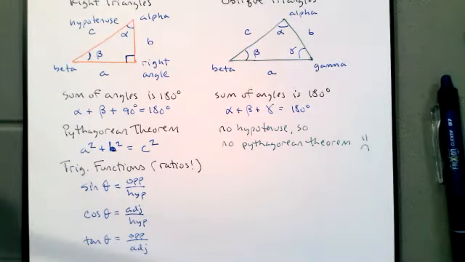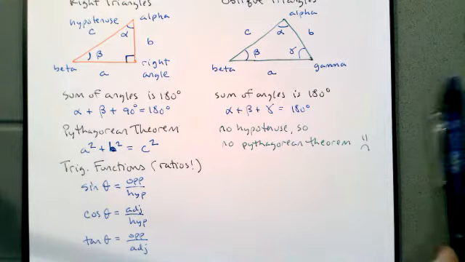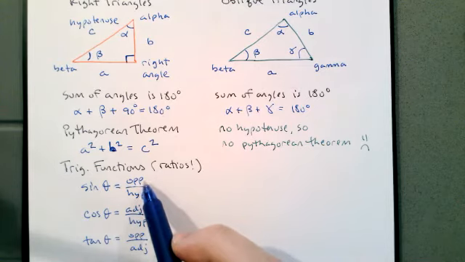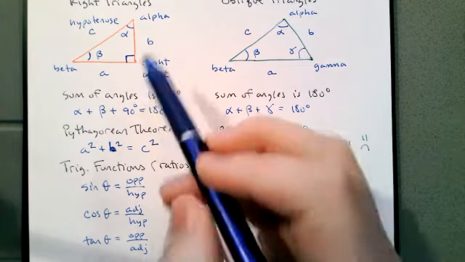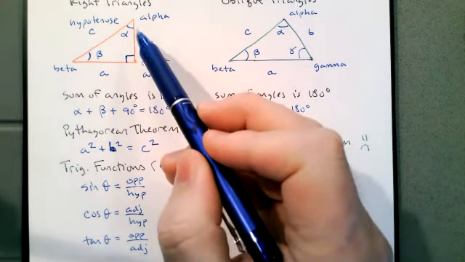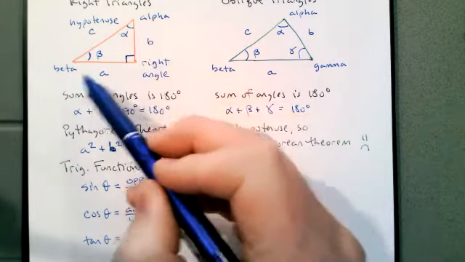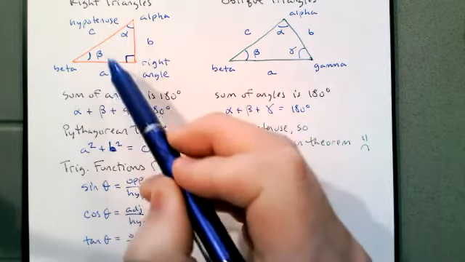Great. So I didn't call out specifically an alpha or a beta in this one because we are using the terms opposite and adjacent. So side A is opposite angle alpha, but adjacent to angle beta.